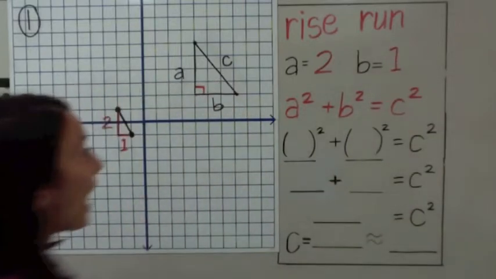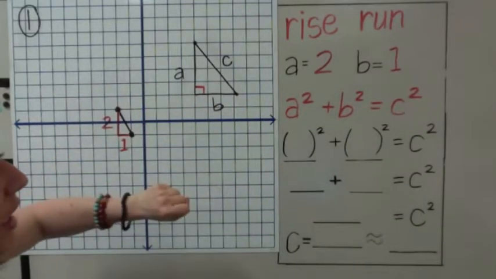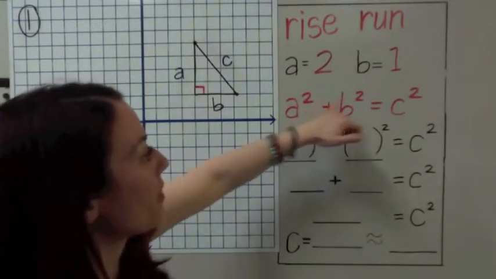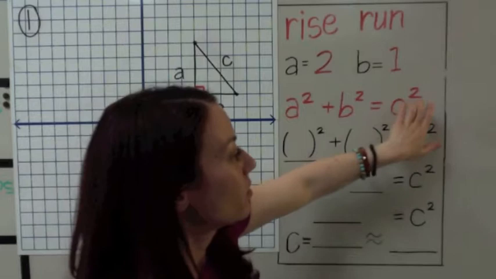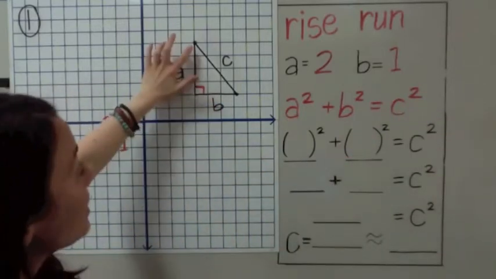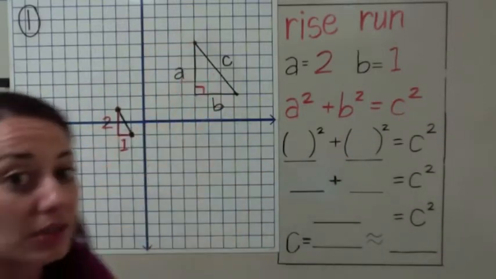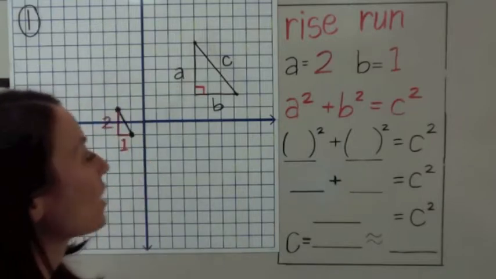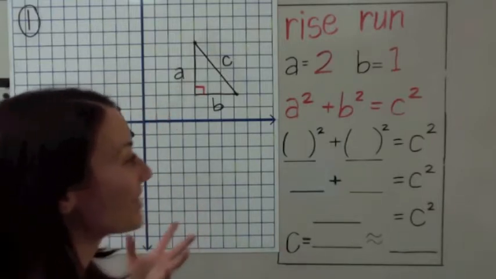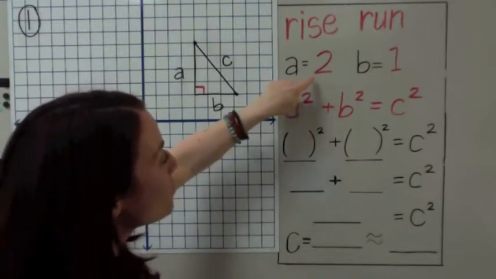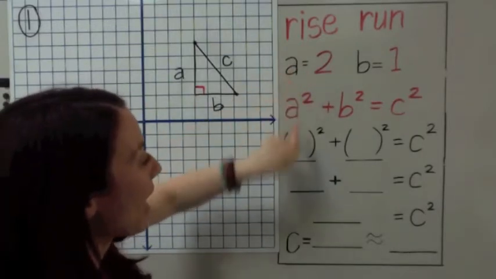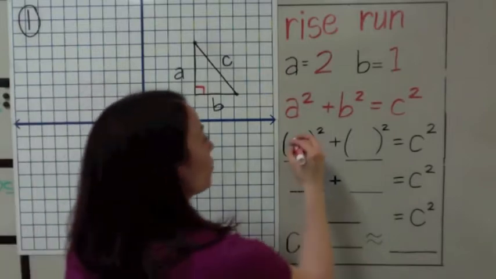We're going to take A and B, those are the legs of our triangle, square them, add them together, and that should give us our distance squared, okay? This long side, which is C, is called the hypotenuse, and we're trying to figure out what its length is. So let's substitute A. What's A? It's 2.